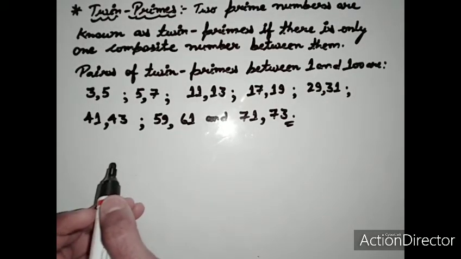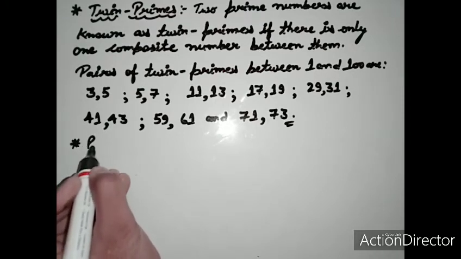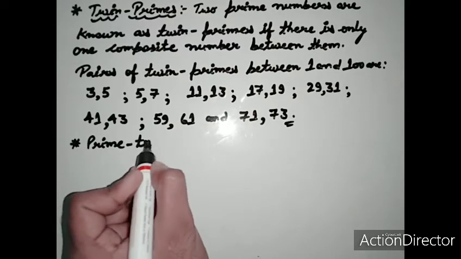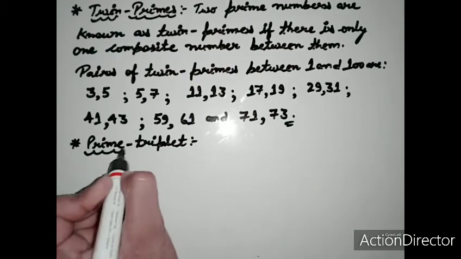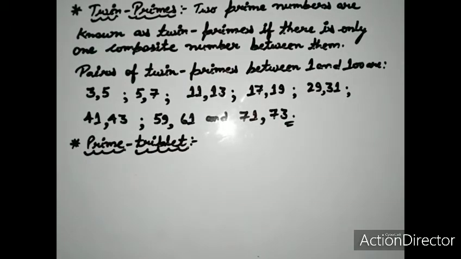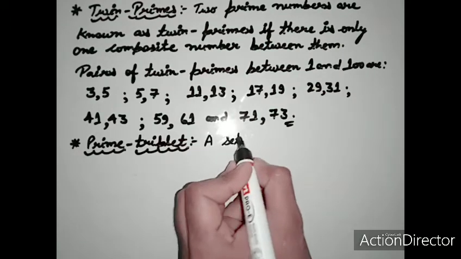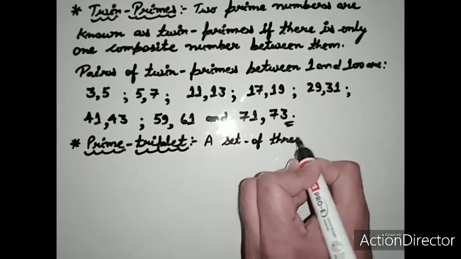Now we will discuss prime triplet. What is a prime triplet? A set of three consecutive prime numbers differing by 2 is called a prime triplet. So students, you also write all these definitions and work in your fair notebook.